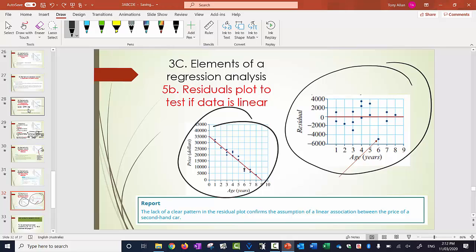If the data points on the right, which is all the residuals of the points on the left, have no pattern, then that means the assumption of a linear association between the price of a second-hand car is good. Their assumption is good.